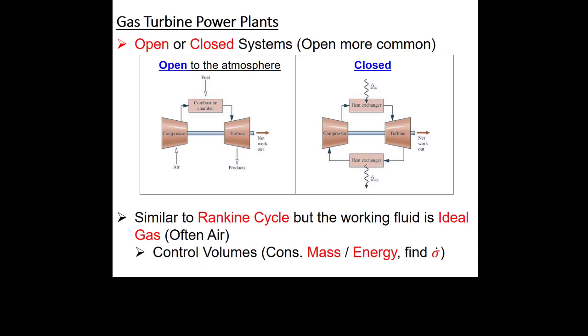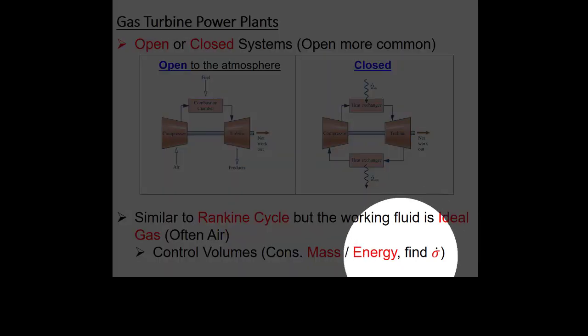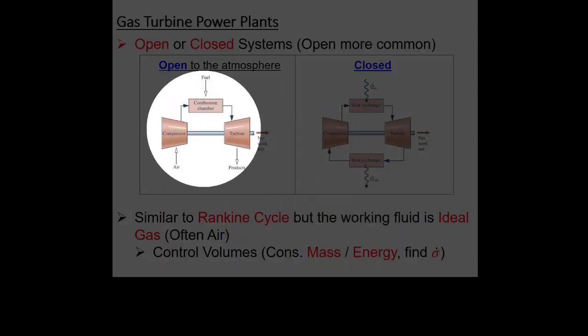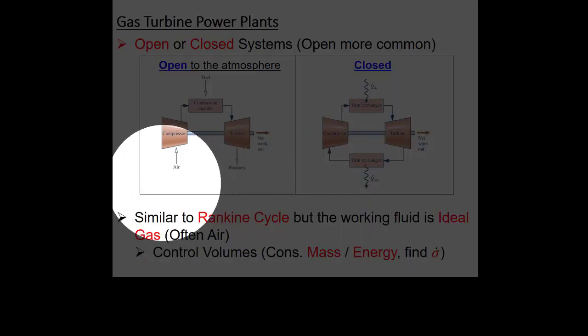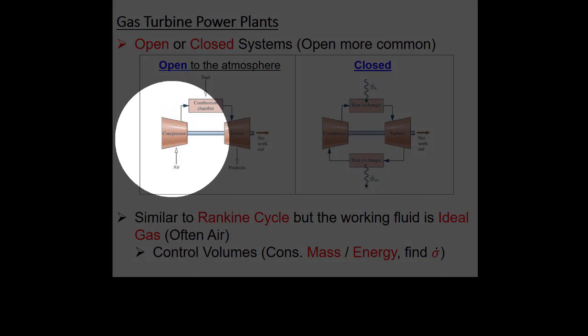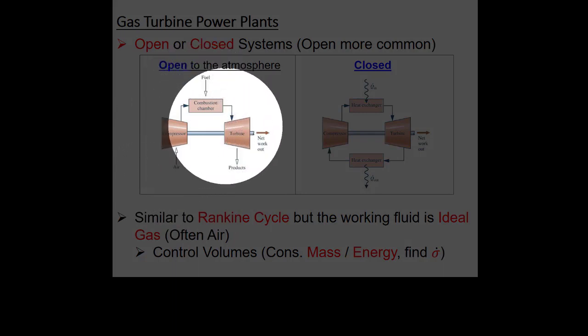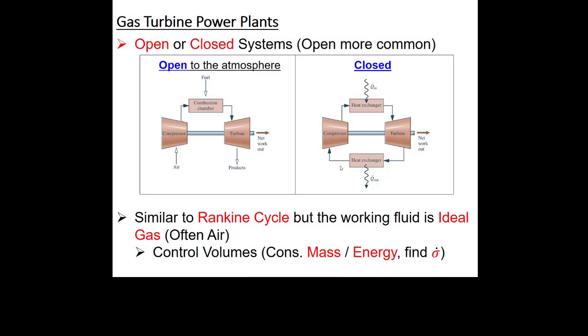So how do these gas turbine power plants or Brayton cycles work? Normally these are open to the atmosphere when we're talking about a natural gas power plant. In that way, they're kind of like your automobile. They take air in from the environment, mix it with fuel, do some stuff to it, and get power out.